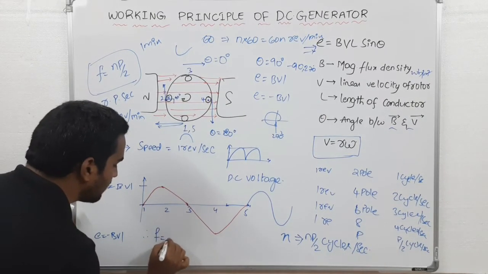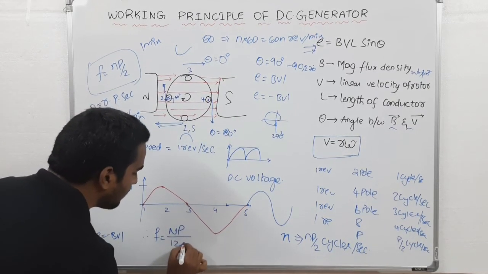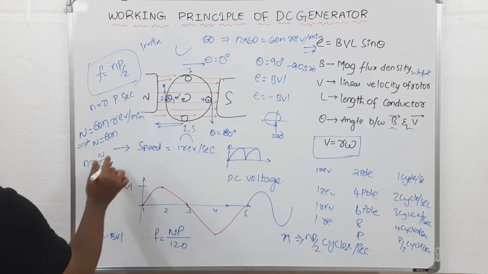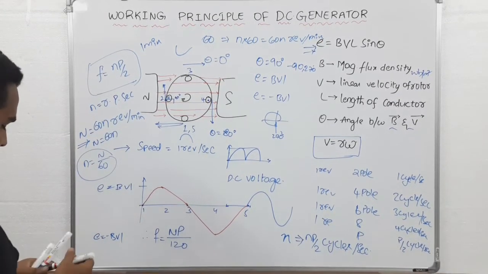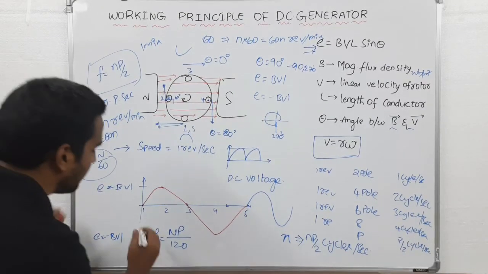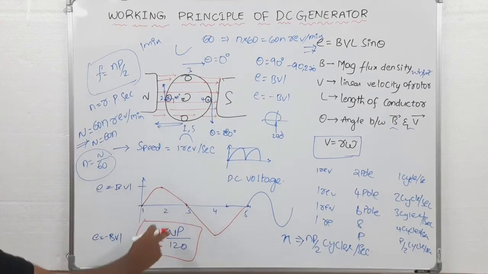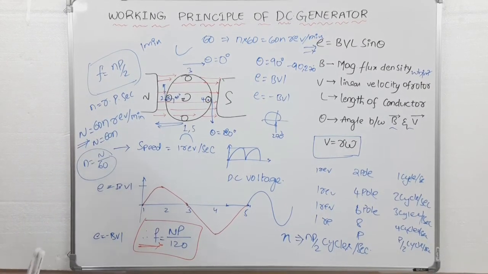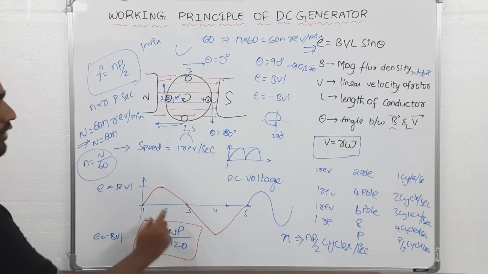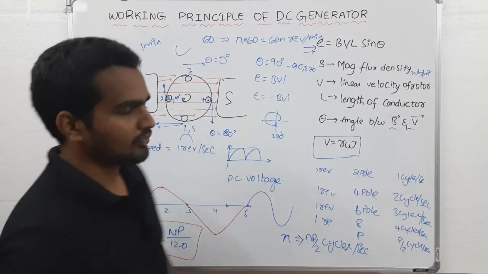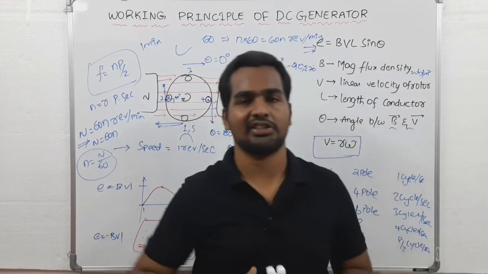F equal to capital N into P by 120. So we just replaced this value in this equation. So the value of frequency is F equal to NP by 120. This is a very important equation. This equation is very useful in AC machines also. So this is the working principle of DC generator.